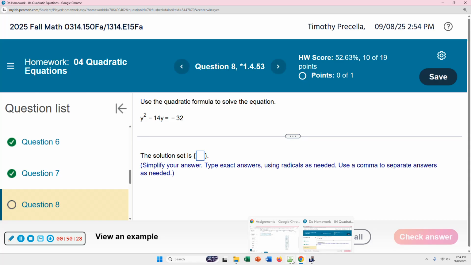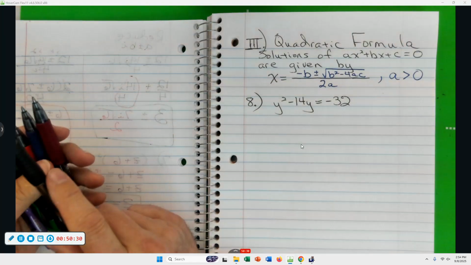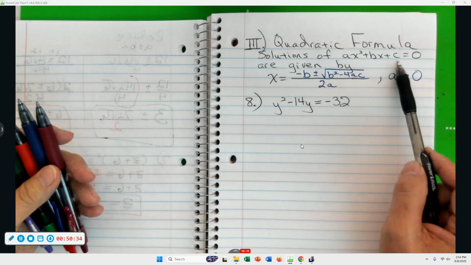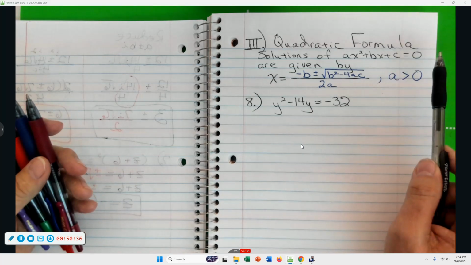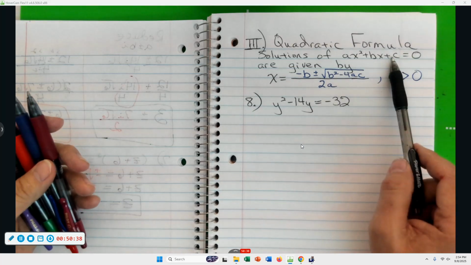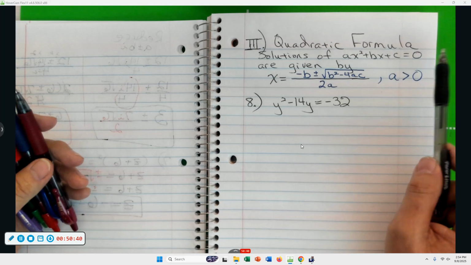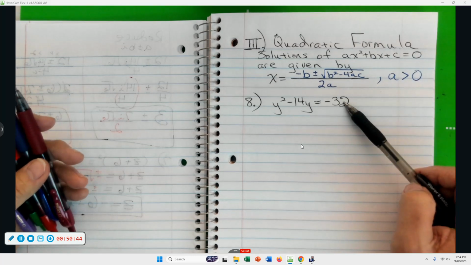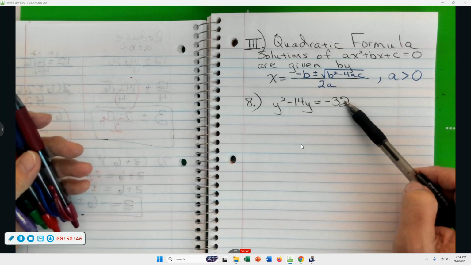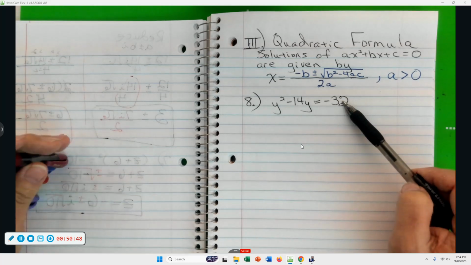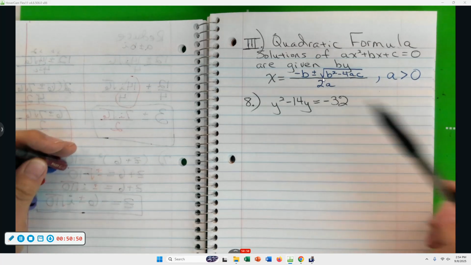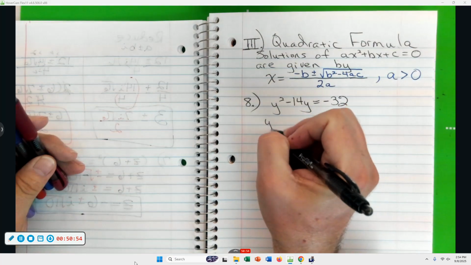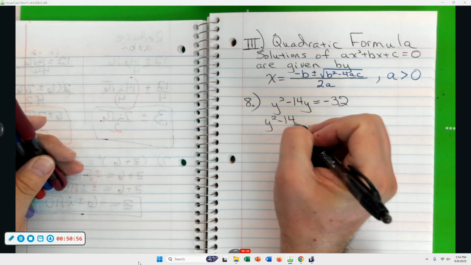Switching to my paper. If I'm going to use the quadratic formula, I need descending order on one side and 0 on the other. Well, I don't have a 0 on the right-hand side. I will pick this negative 32 up and move it to the other side. That'll give me y squared minus 14y.